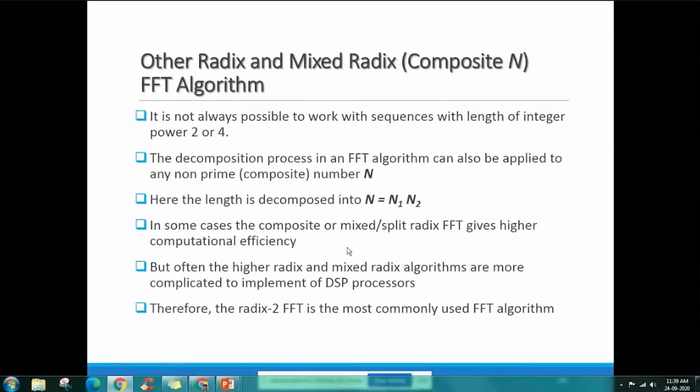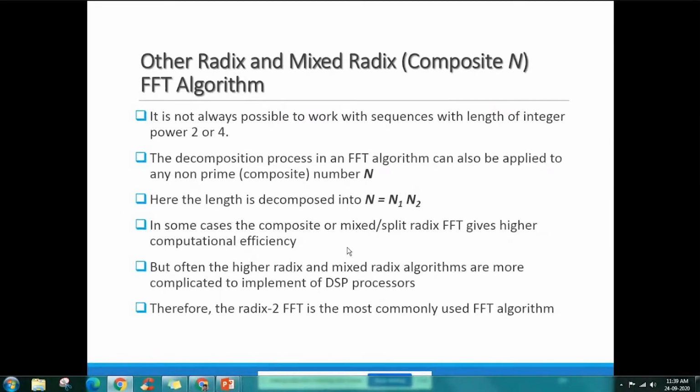In that case the decomposition process in FFT can also be applied to any non-prime, or you can say composite, number N. If the number is non-prime and composite, not an integer power of 2 or 4, the length is decomposed into N is equal to N1 and N2. So instead of taking a single N-point, we are decomposing N into two parts, that is N is equal to N1 times N2.